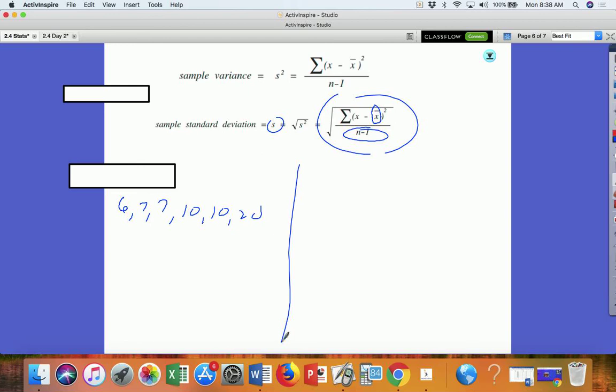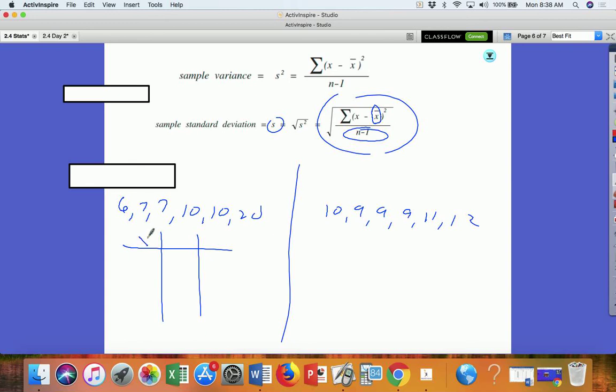This half of the room use this data. So each of you has 6 pieces of data. I'll even tell you that the means of both of them are 10. Okay? So see if you can calculate the standard deviation.